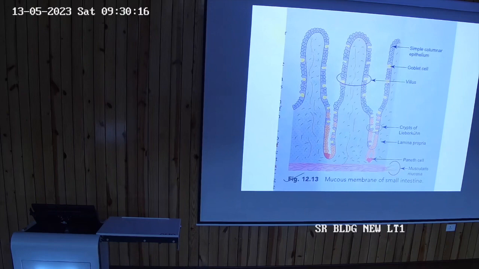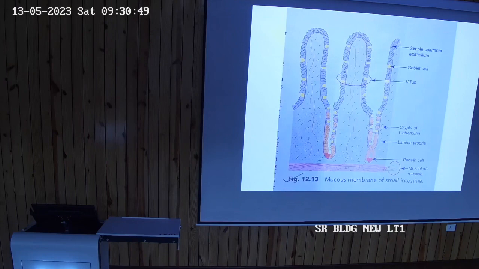Doesn't matter. The important part is that in the jejunum the villi are longer in size and larger in number, and the submucosal part shows no aggregation of lymphoid tissue.